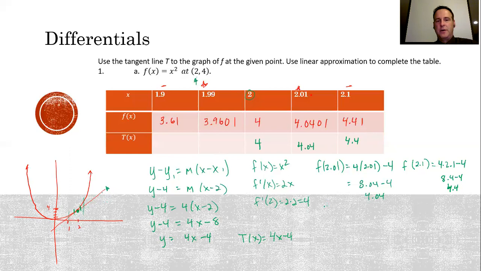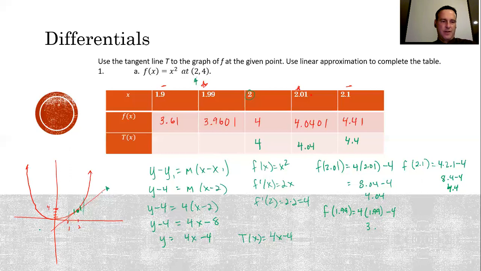If I do f of 1.99, that becomes 4 times 1.99 minus 4. That gives me, I think, 3 point 7 point something. Let me try that. 4 times 1.99.